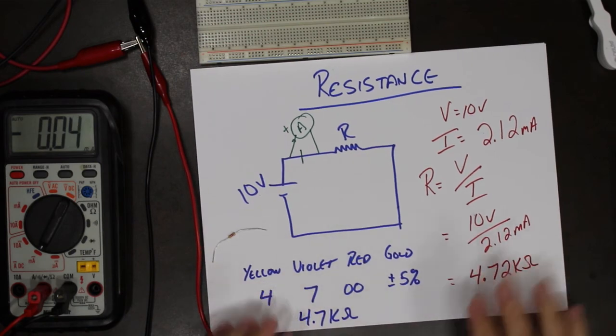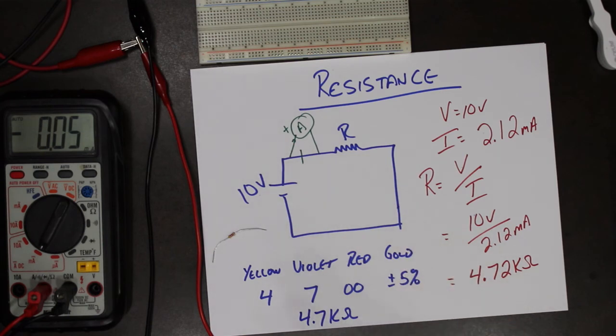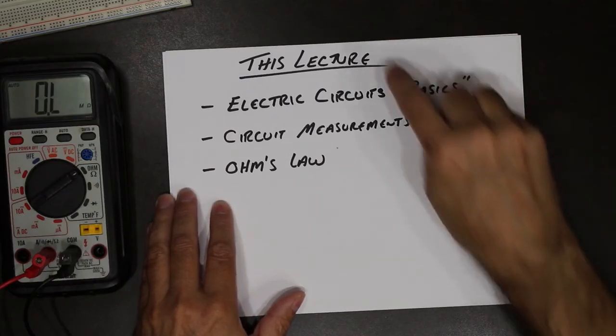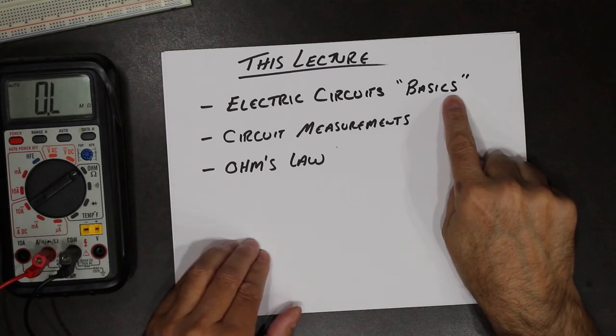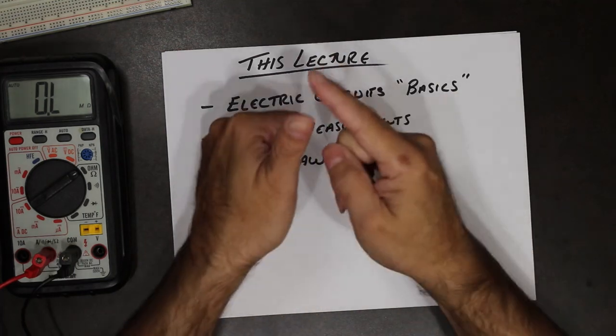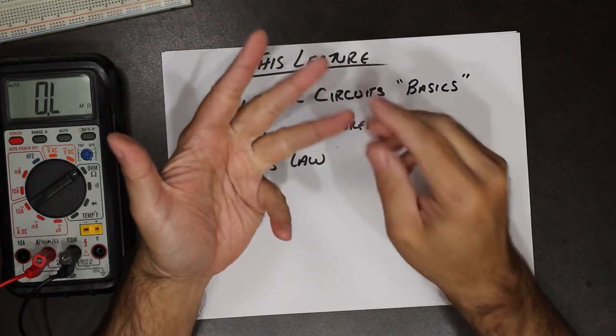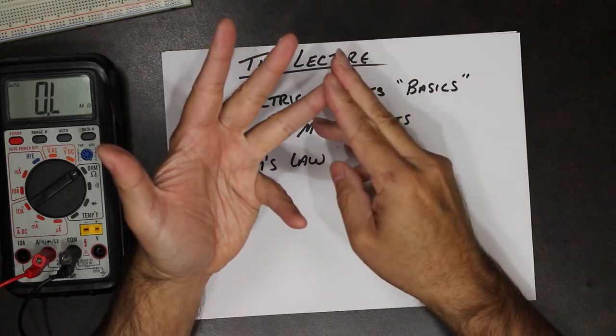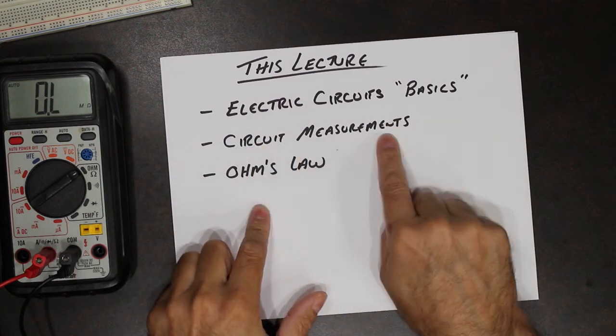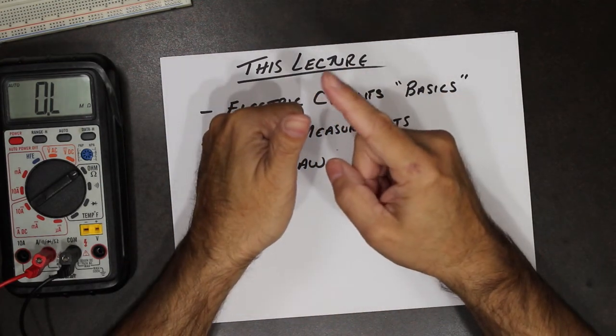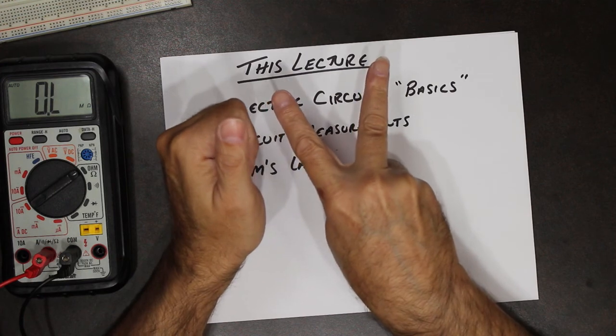So, again, Ohm's law, the mathematical relationship between voltage, current, and resistance. So what we covered in today's lecture, electric basics. Remember, we have power supply, a control, safety, and then whatever is doing the work. Circuit measurements: voltage is measured across a component.